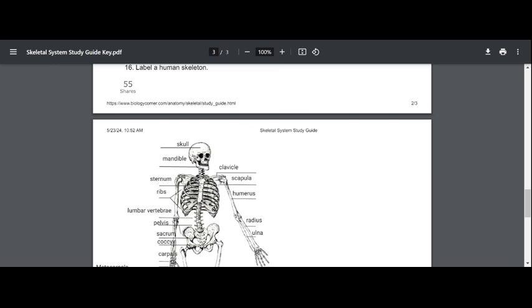And then we have the lumbar vertebrae right in this area. Okay. This is actually the pelvis. So this is supposed to be pointing to the pelvis. We've got the sacrum right here in this area, and then we've got the coccyx at the very tip.